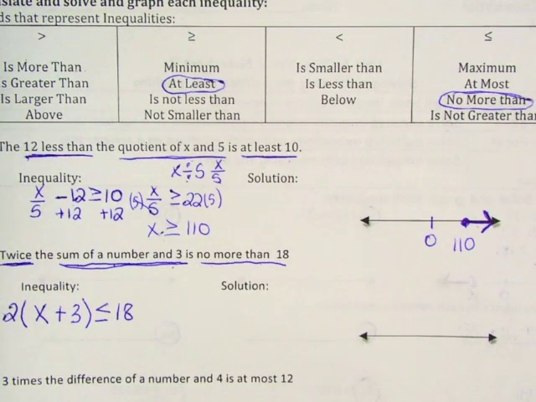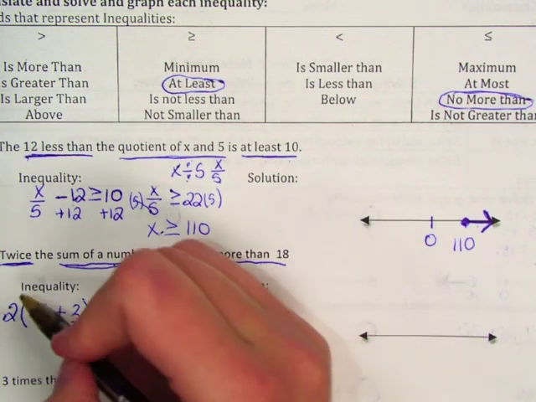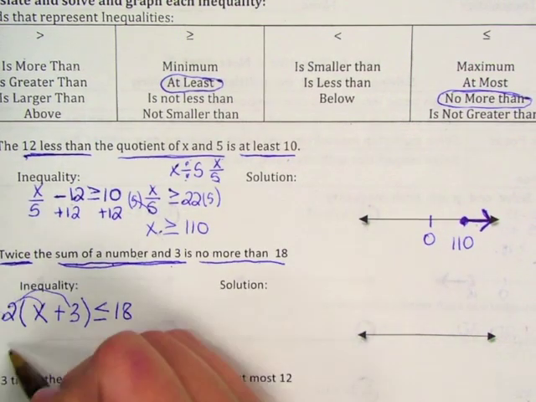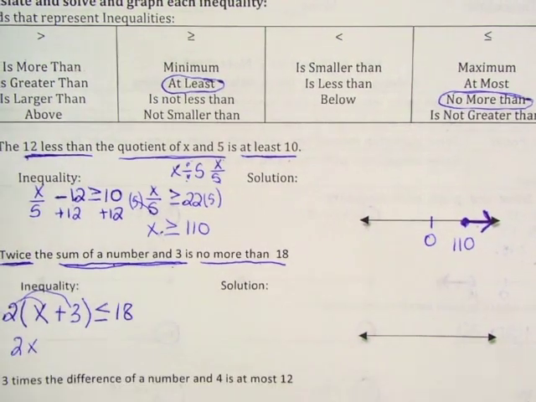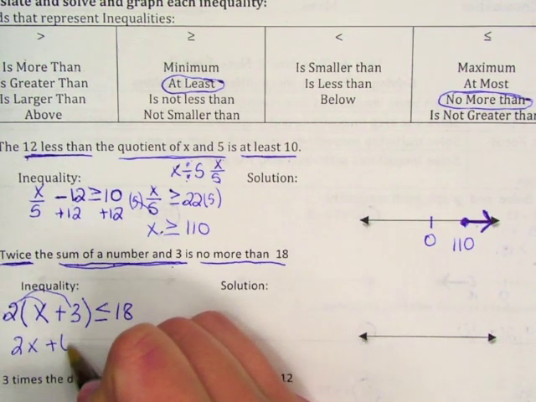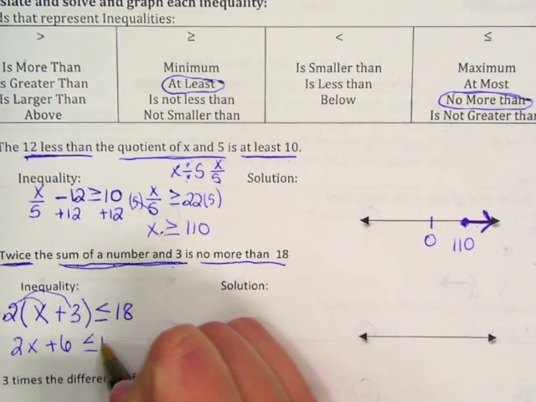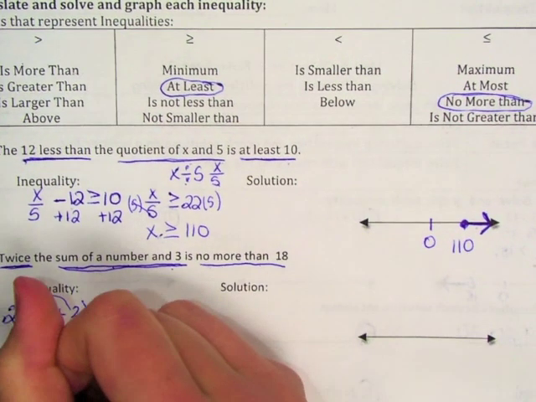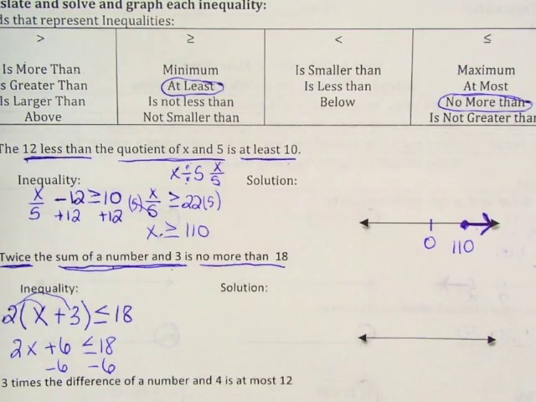All right, so now I wrote my inequality. Now I need to solve. So the first thing that I'm going to do is distribute my 2. So 2 times x is 2x. 2 times 3 is 6. And I'll leave it less than or equal to 18. Well, x is still not by itself. So I need to subtract 6 from both sides.